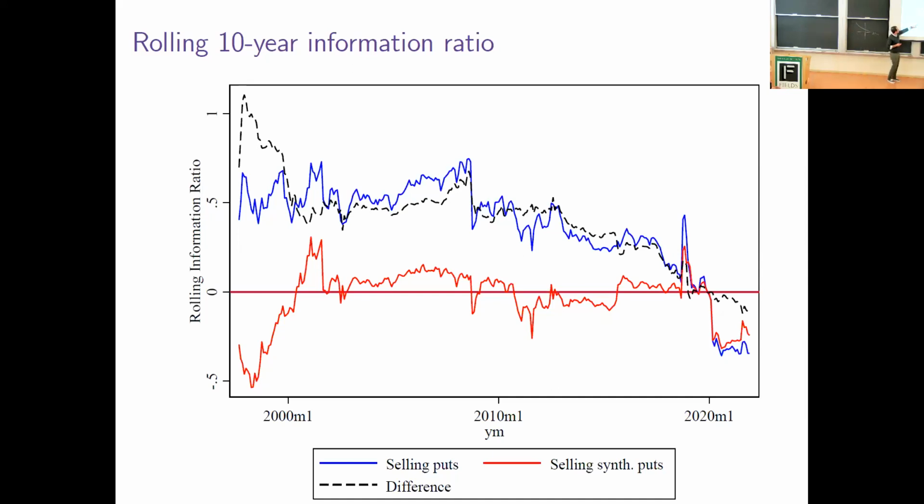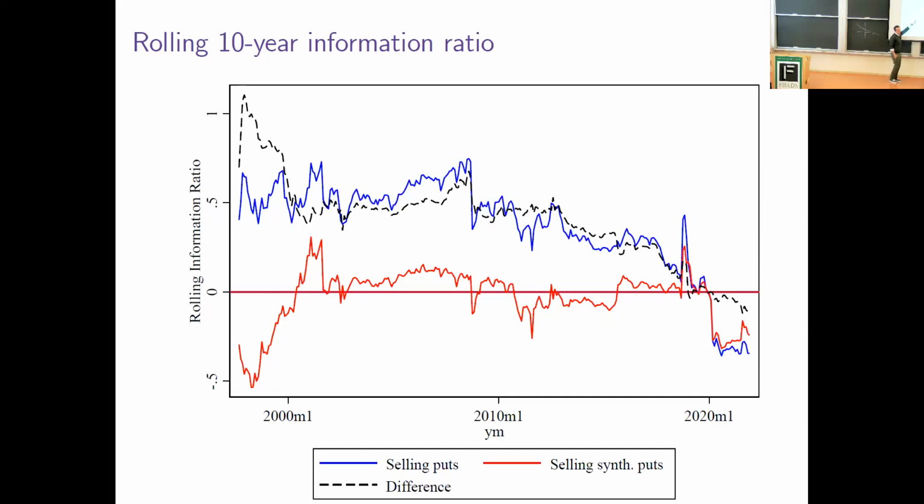And then this point here would be 1990 to 2000. This point would be 2000 to 2010. This would be 2010 to 2020. And what you see is as you roll forward, the return you've earned from selling puts has gone down. It used to be that you got this huge information ratio. You were getting 0.5, right? Which is basically saying I'm getting the market return all over again, but completely independent of the market return.